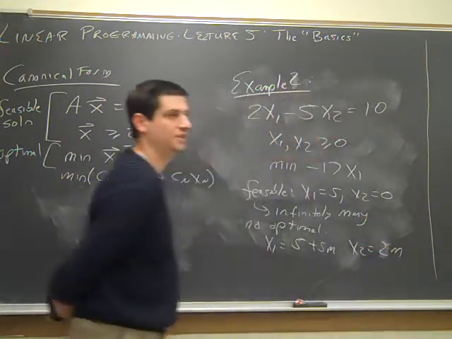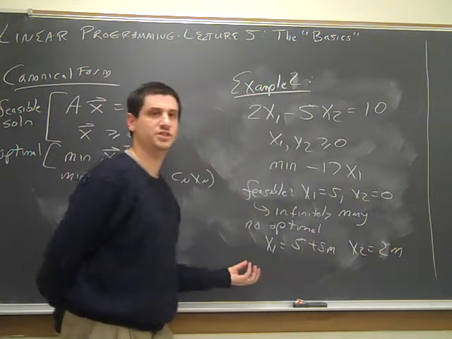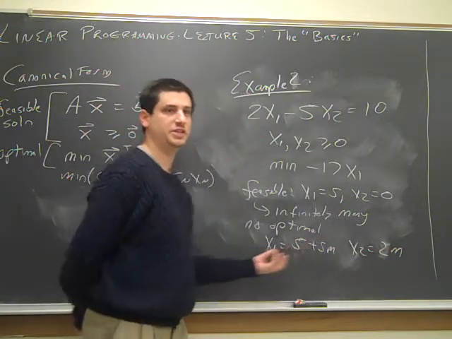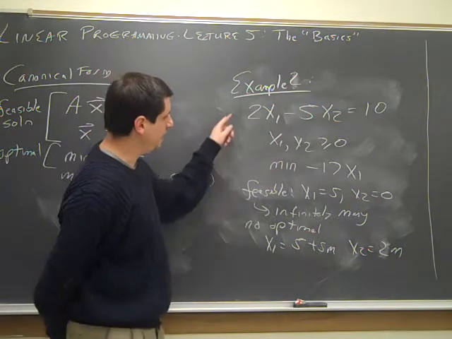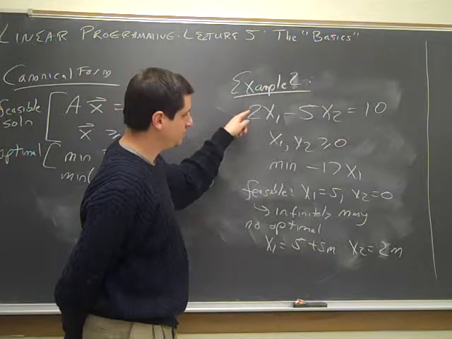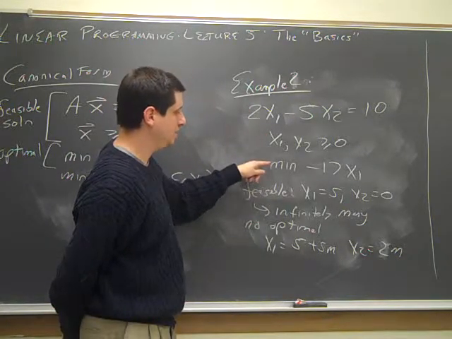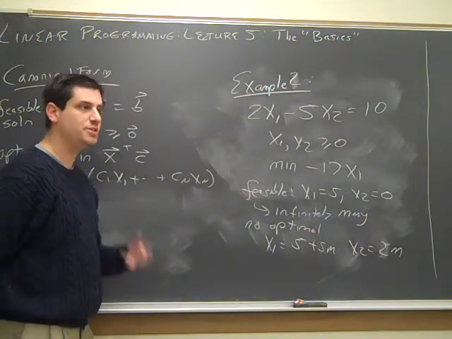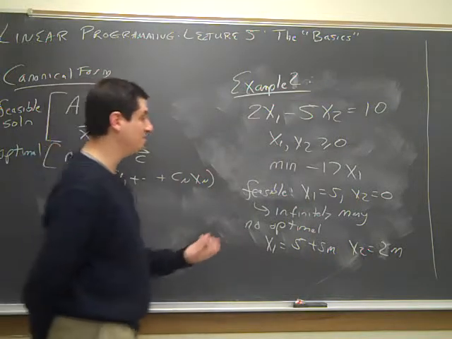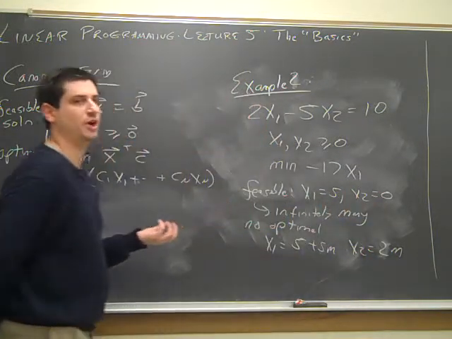Now I'll get 10. So I'm actually able to parameterize my feasible solutions in this case. I can write them down in an explicit, nice form. And when I do this, I see that I can always satisfy this constraint. My x's are non-negative, and I can make my cost as negative as I want. So there's no optimal solution. So just because a feasible solution exists, just because infinitely many feasible solutions exist, sadly does not mean that there must exist an optimal solution.